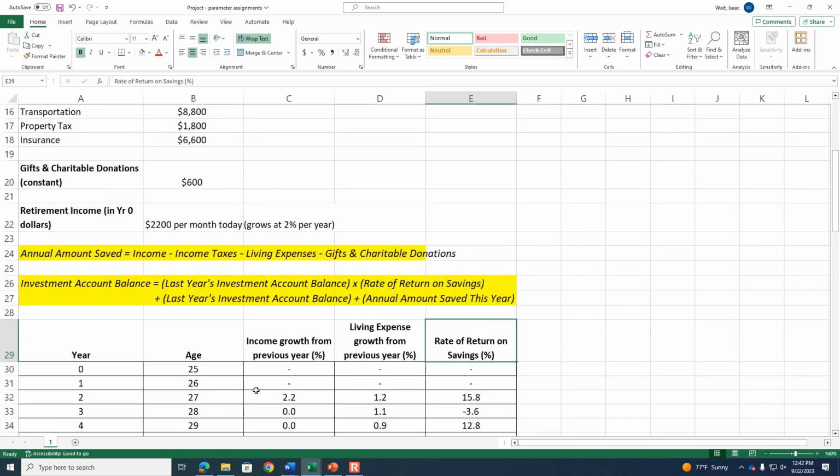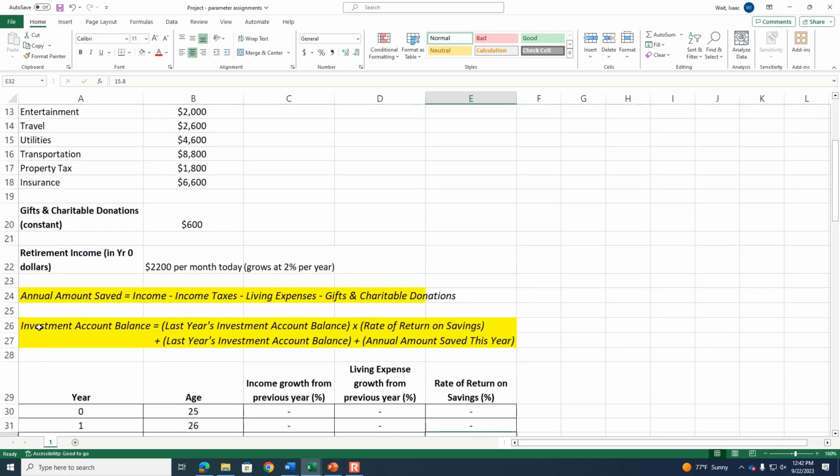So let's see, in the second year, 15.8%. What that means is that whatever balance you had at the end of the first year is going to earn 15.8% return during the second year. But the total investment account balance at the end of the second year is last year's balance plus the interest plus how much you saved this year.